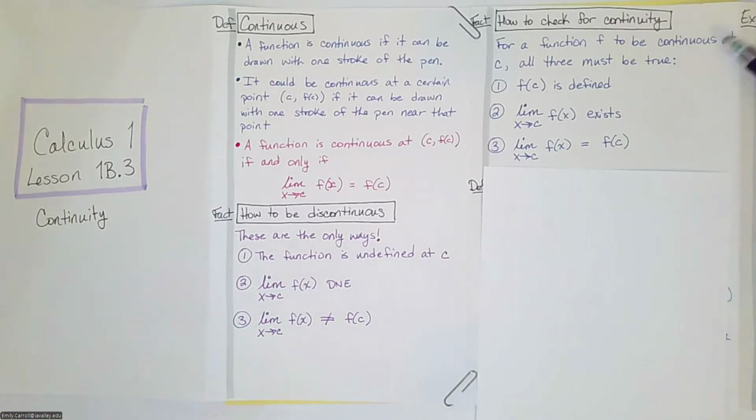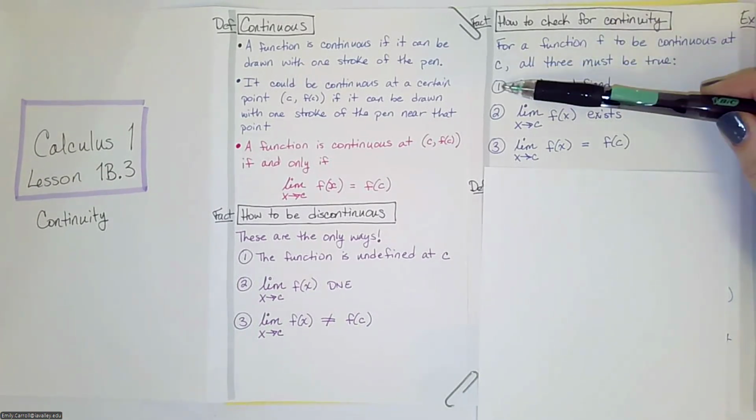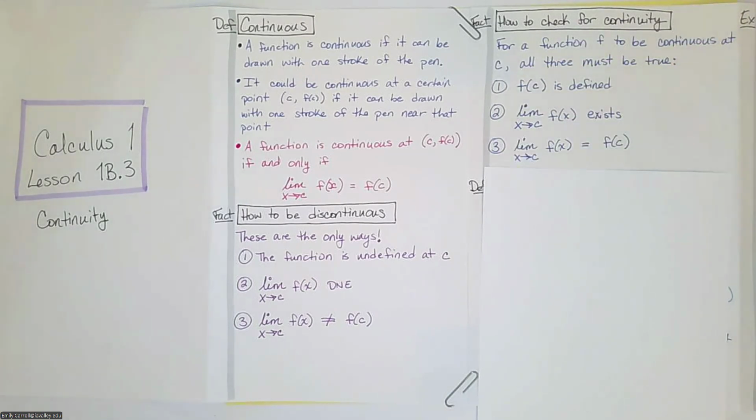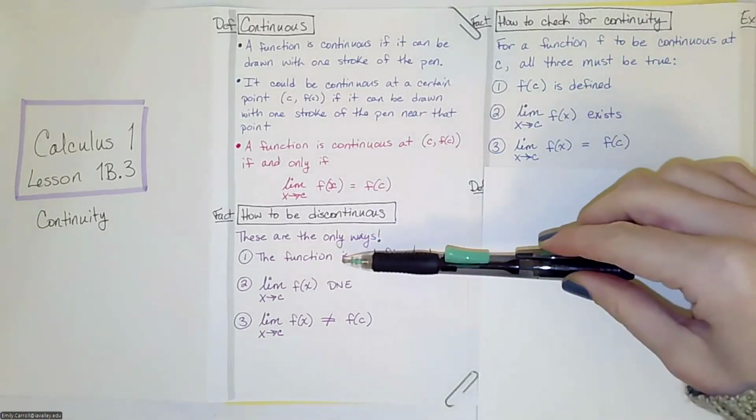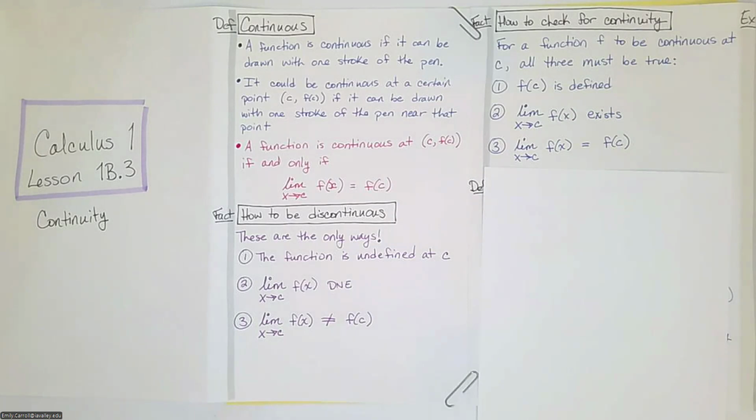So for a function to be continuous, we need 1 and 2 and 3 to all be true at the same time. To show that it's continuous, we need all three of these things. In order to break continuity, we only need to have one of these things. So if any one of these things is not true, then you're discontinuous.